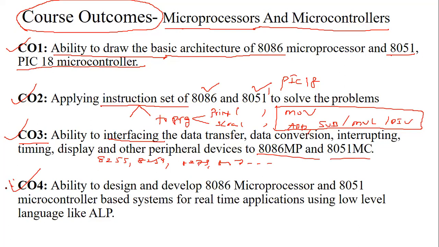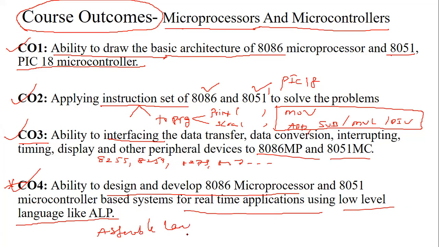Then the last and important one, course outcome 4. After the completion of the syllabus, the student is able to design and develop 8086 microprocessor and microcontroller based systems for real-time applications using low-level languages like ALP. ALP means assembly language programming.